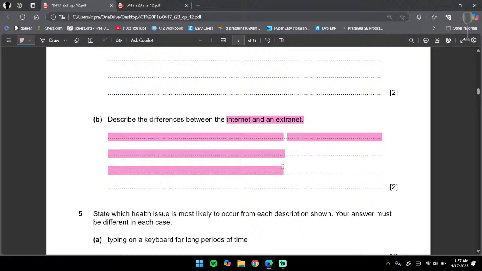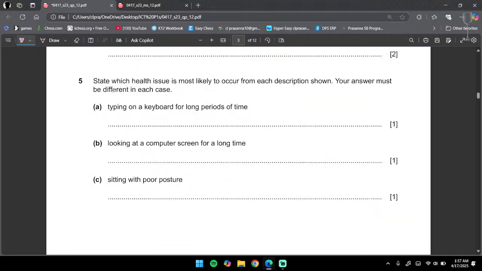State which health issue is most likely to occur from each description shown. Your answer must be different in each case.